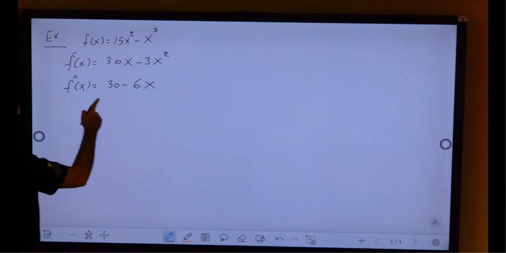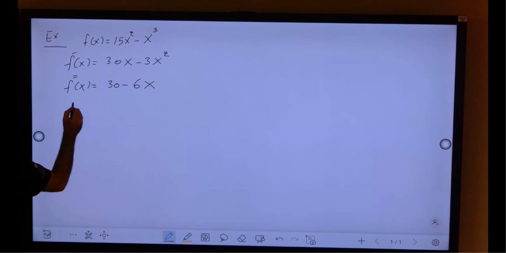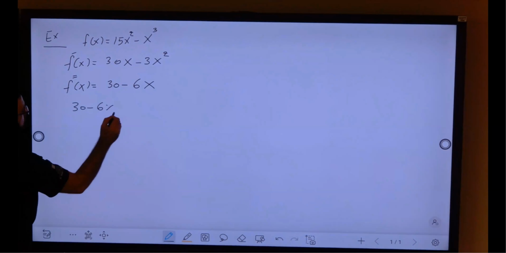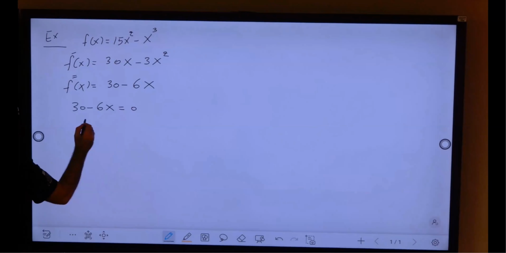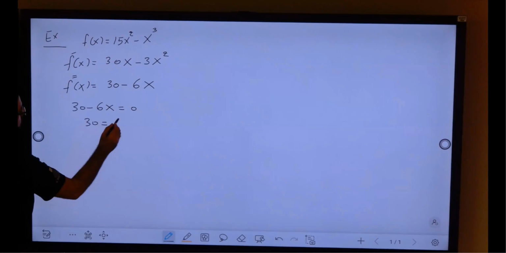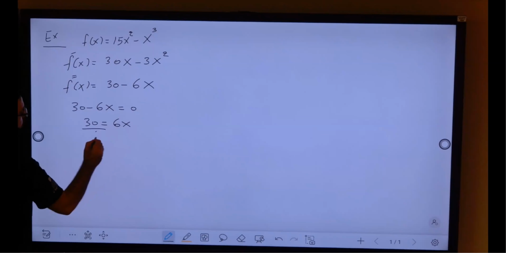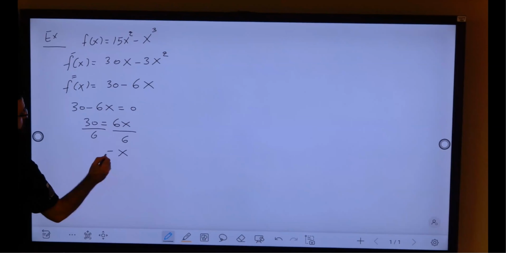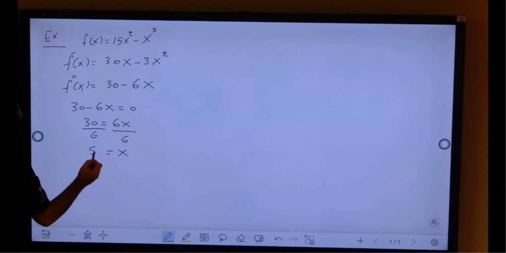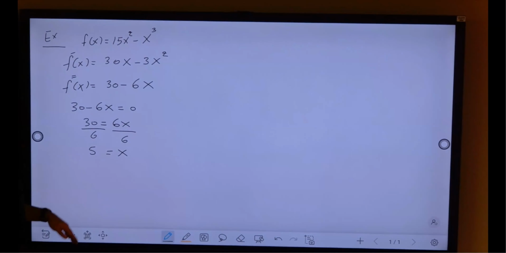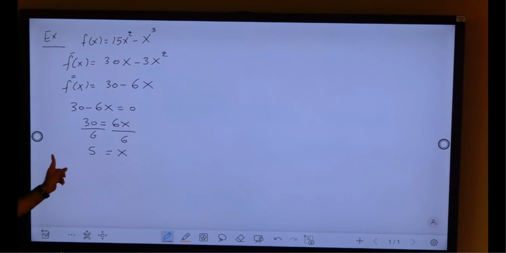If I set the second derivative equal to 0, then 30 equals 6x, divided by 6, so x is going to be equal to 5. That means at this point, I'm going to check the left side and the right side to find whether the function is concave up or down.